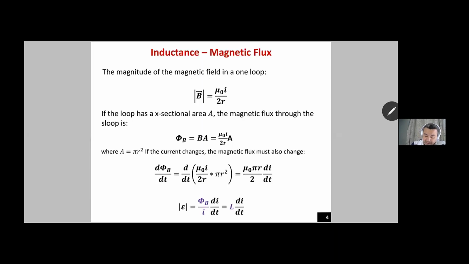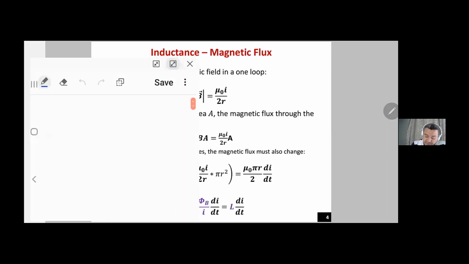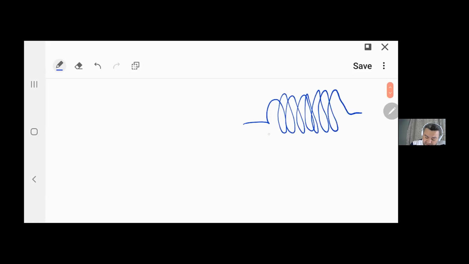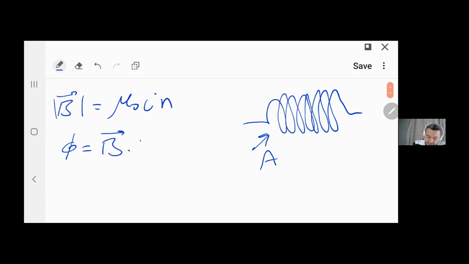Now let's move on to where did this inductance come from? If you recall the magnetic field induced by a solenoid, or let me call this one a coil that has a cross-section area of A, is given as B magnitude equals mu naught I n, where n is the number of turns per unit length. So if I look at the flux, then the flux would be the magnetic field times the area vector.